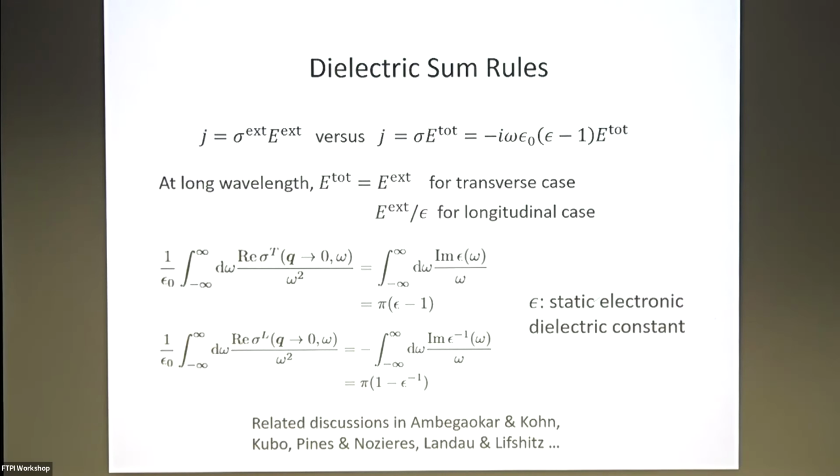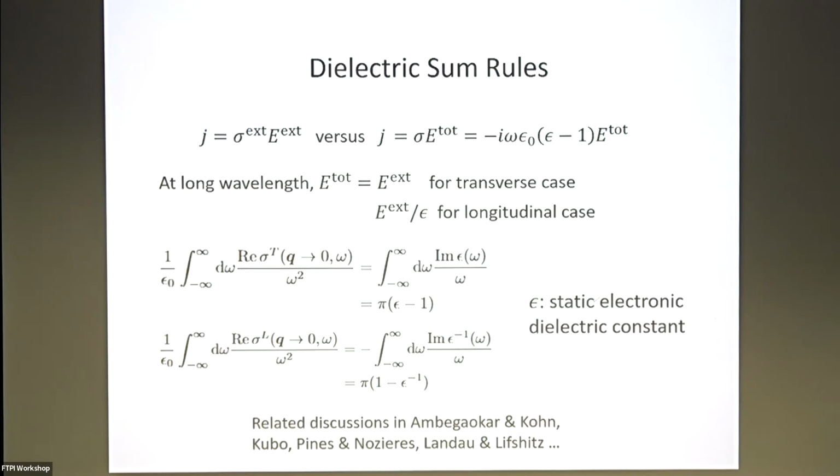So far, I've expressed the conductivity that relates the current to the externally applied electric field, but this is not the experimentally measured conductivity. The measured conductivity relates the current to the total electric field. Okay, and this is how the dielectric constant is defined. Now, on long wavelengths, if the wave vector Q and the electric field are in the same direction, it's the longitudinal case, then the total field is the external field divided by epsilon, which is the dielectric constant.